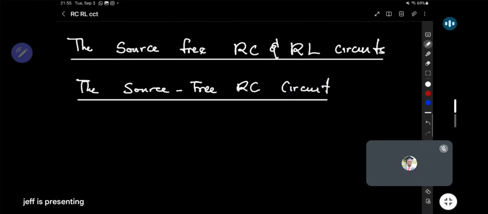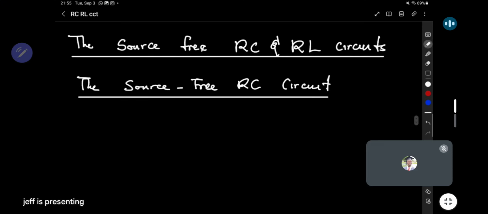So we're going to start looking at the source-free RC and RL circuits. This time around, in the first part, we are going to focus on the source-free RC circuit, the resistor-capacitor circuits. In this type of circuit, we want to see what happens when, for some reason, the source which was present at some point is removed.